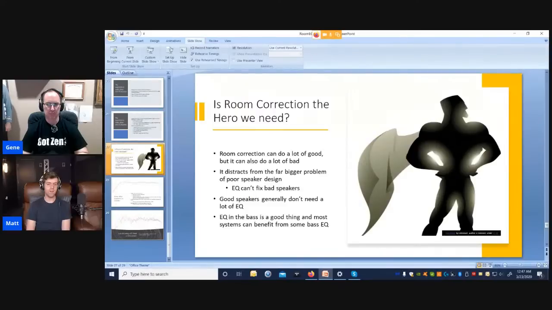Absolutely. So yes, if the EQ system had the actual spinorama data, the raw data that's used to create those graphs, I should say, built into it, it would be able to use that information when it's making corrections in the room. I mean, the way Dirac works, which is unique amongst the common EQ systems on the market, is that it takes enough different measurements and it filters those measurements as it's doing its processing in such a way that it tries to kind of get at that the best it can, but it can't.